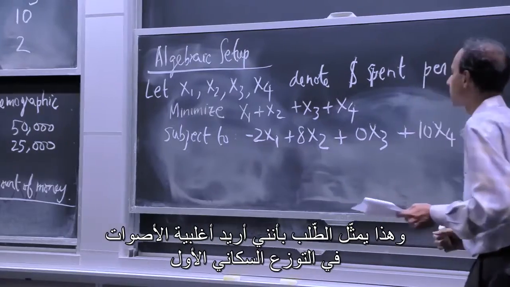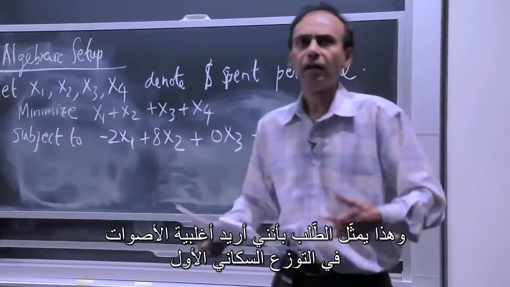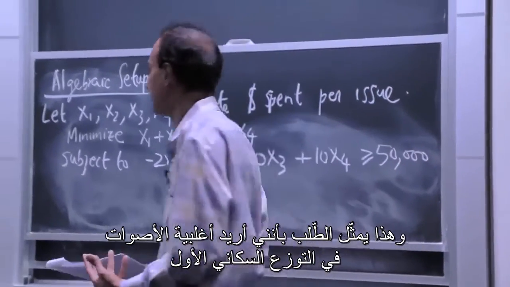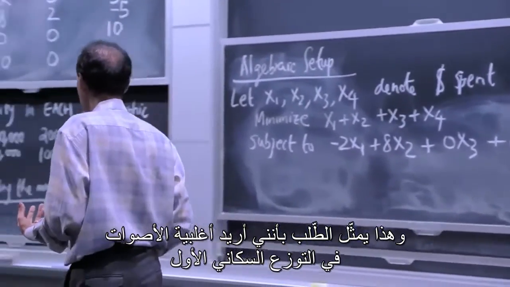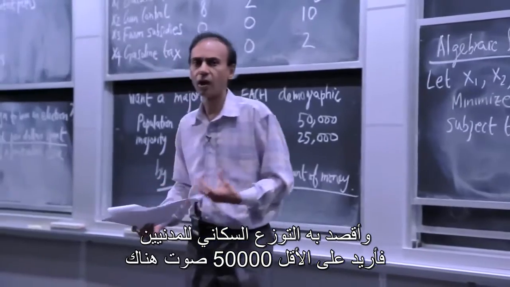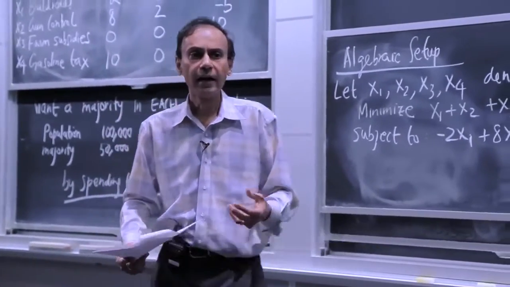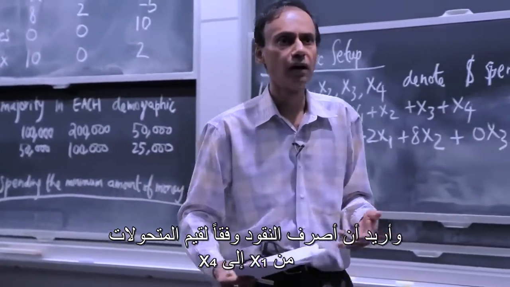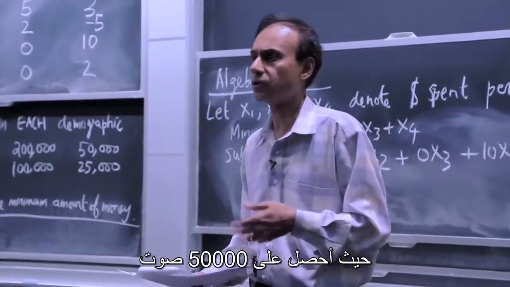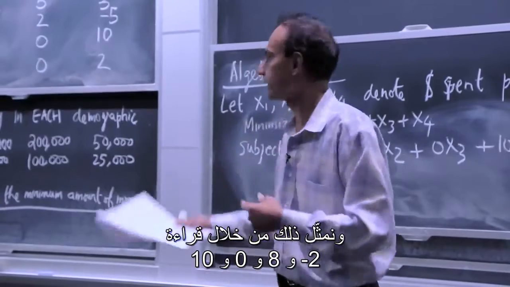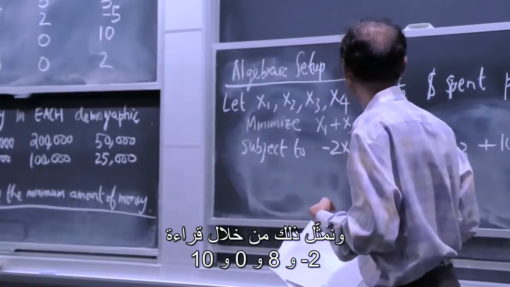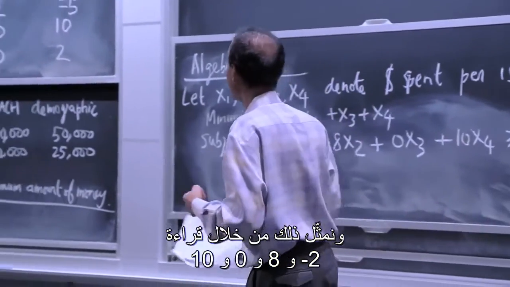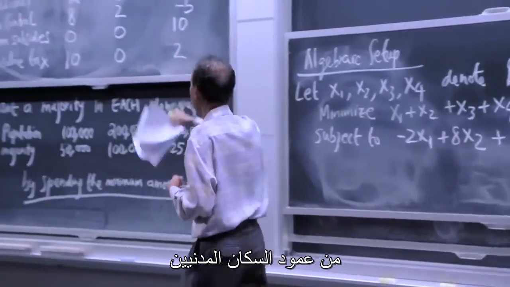And this represents the requirement that I want a majority in the first demographic, namely the urban demographic. And so I want at least 50,000 votes there. And I need to spend the money corresponding to the values of x1 through x4 in such a way that I get those 50,000 votes. And that represents that. And it's just reading off the minus 2, 8, 0, and 10 from the urban column.